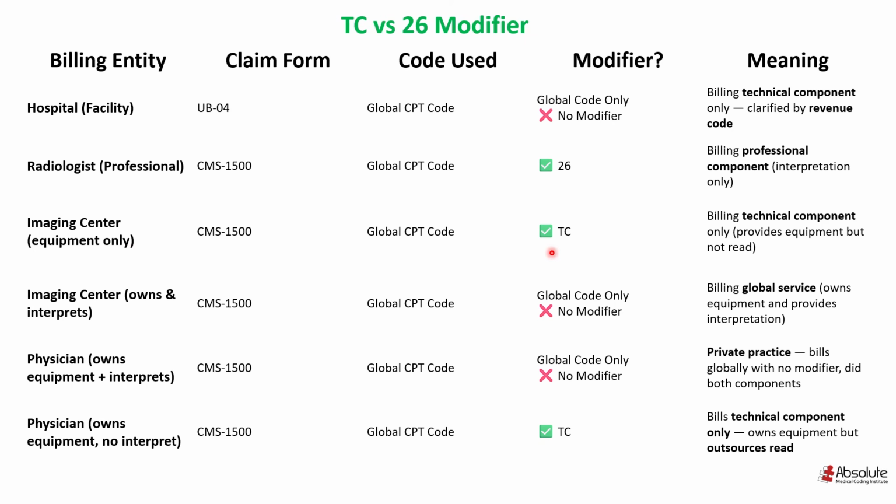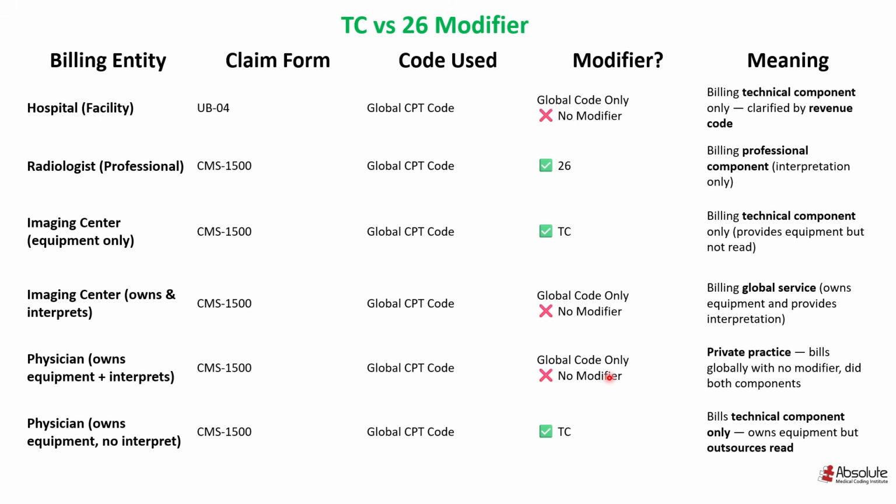If you are billing for an imaging center and that imaging center owns that equipment and interprets that report, you bill no modifier. You bill the global code. If the physician owns the equipment and interprets that report, no modifier.